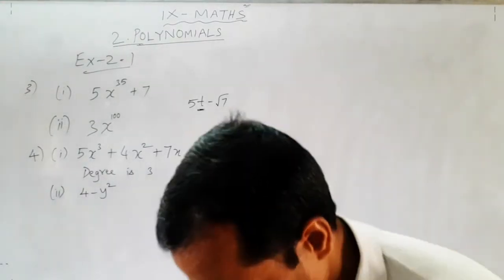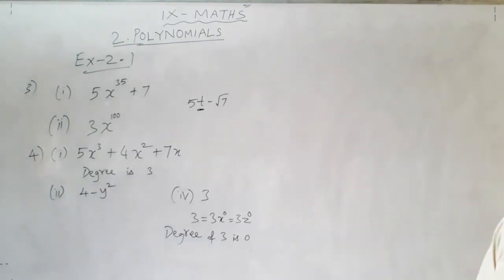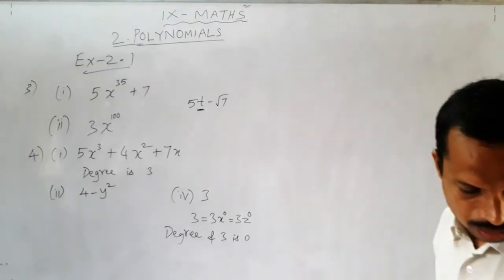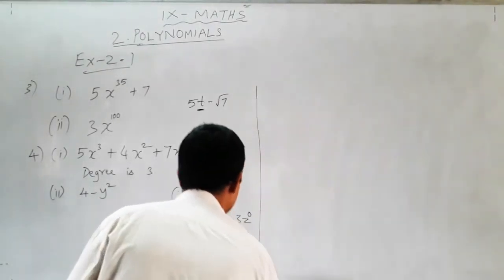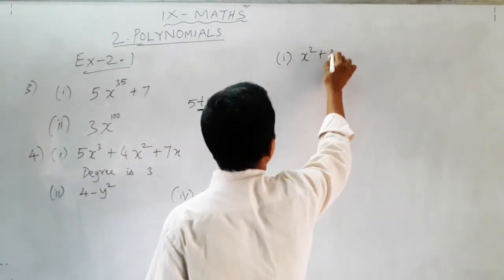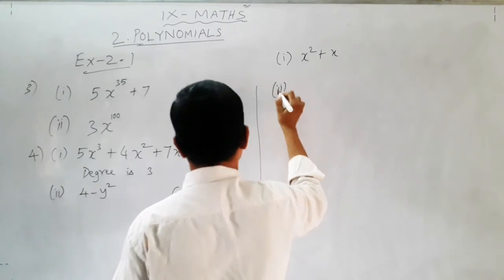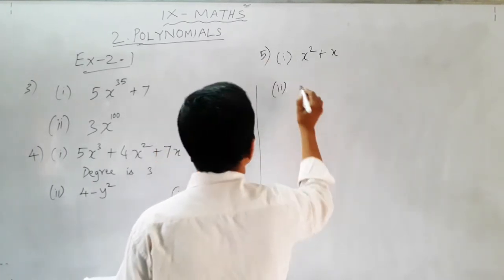Now coming to question number 5. What is there? Classify the following as linear, quadratic and cubic. Seven options are there, so you yourself can do this, but even so I am telling you. x square plus x. Option 2, x minus x cube.